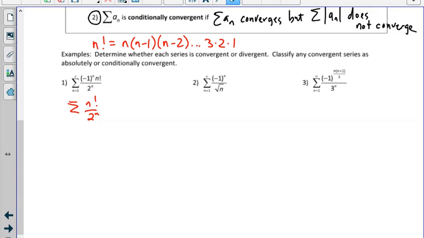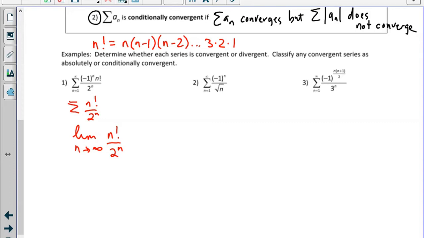That sum is definitely going to diverge, because if I take the limit as n goes to infinity of n factorial over 2^n, n factorial grows way faster than 2^n.